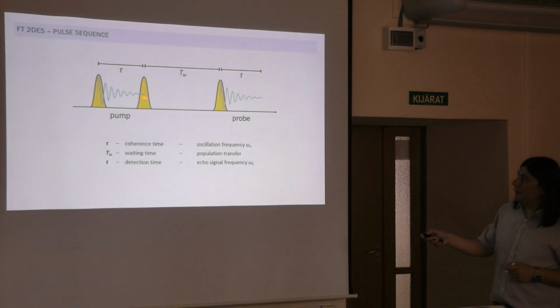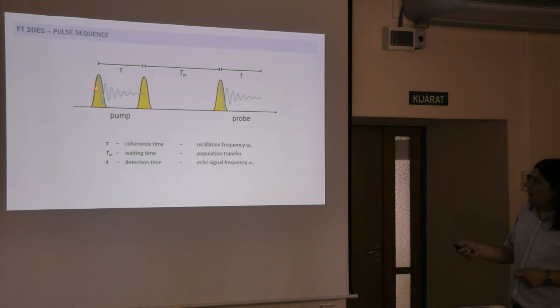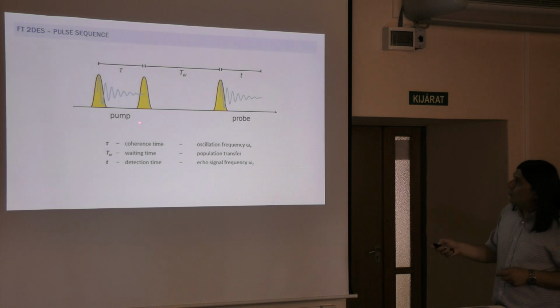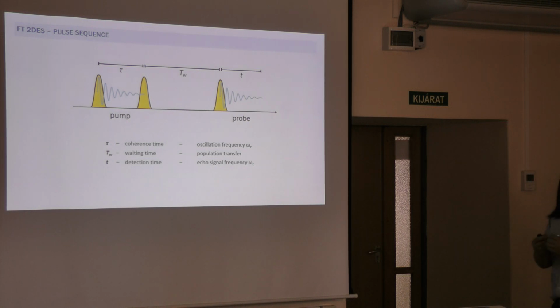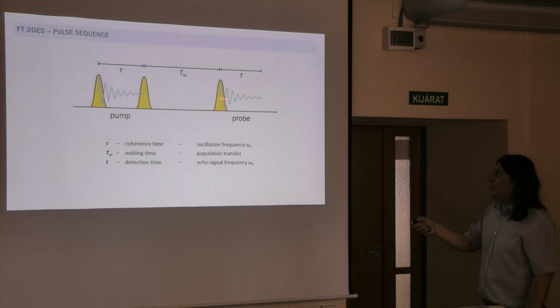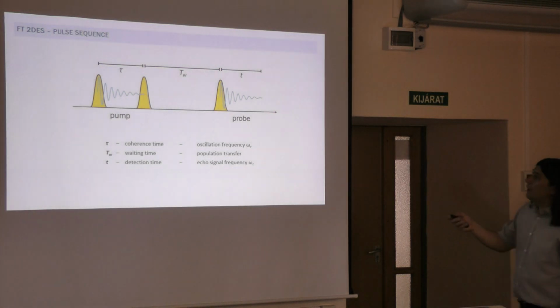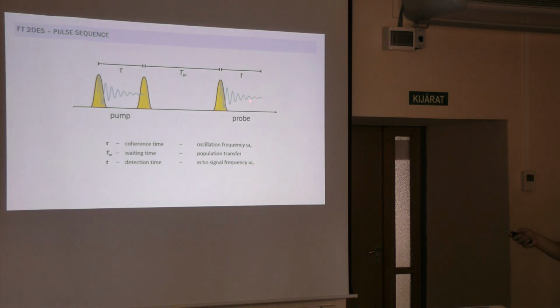It will dephase eventually, but before it completely dephases, we can send the other pump pulse, which will, for example, send the system to the excited state. Then we have our usual delay between the pump and the probe, and then the usual probe, and then we measure the signal.